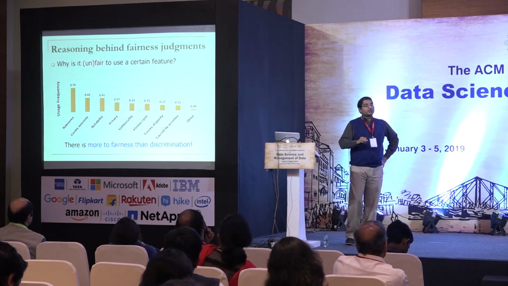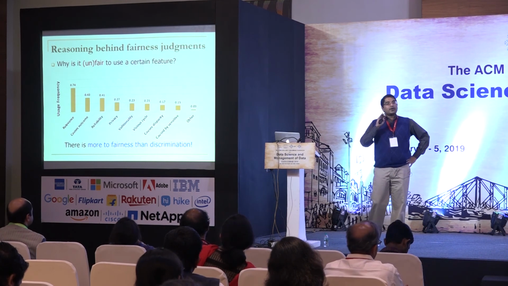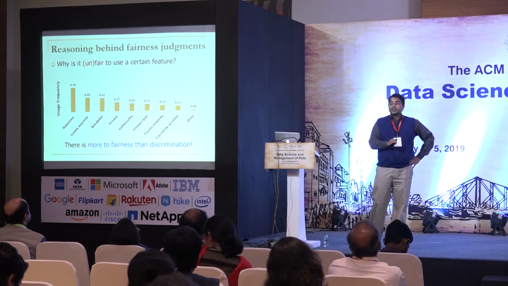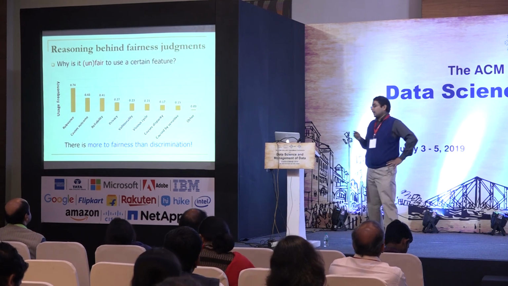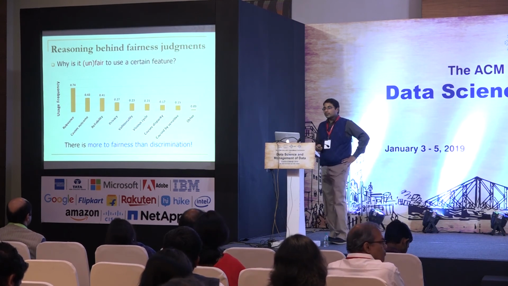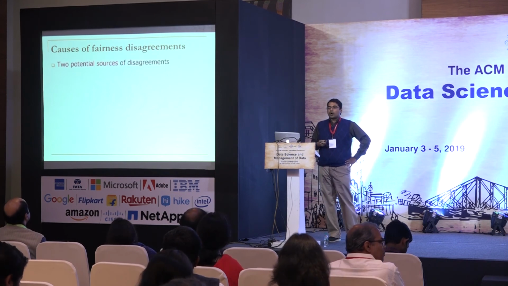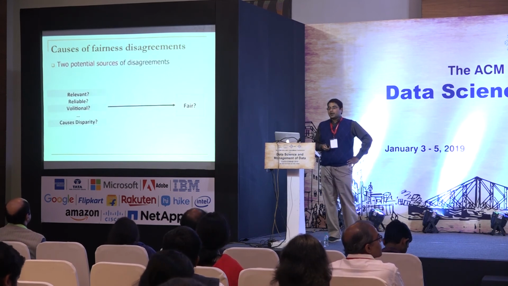That means a majority of the time when people are uncomfortable about using a feature, it has got less to do with discrimination, and more to do with other types of unfairness concerns.